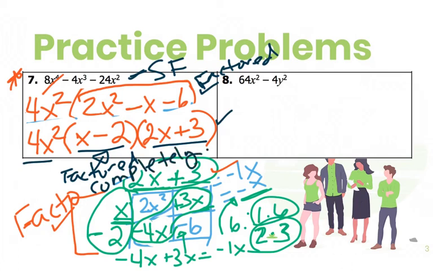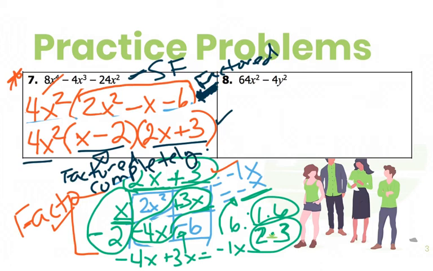Okay, so the first one, the second line here, like where I'm making this big mess, right? That is factored, but it's not factored completely until every single factor has been factored again. Okay?